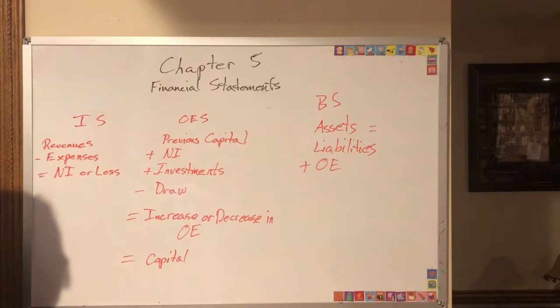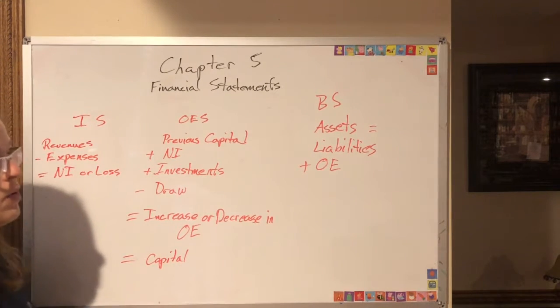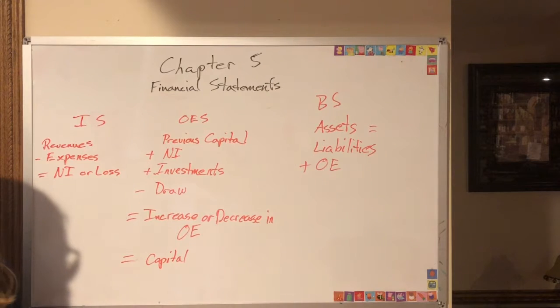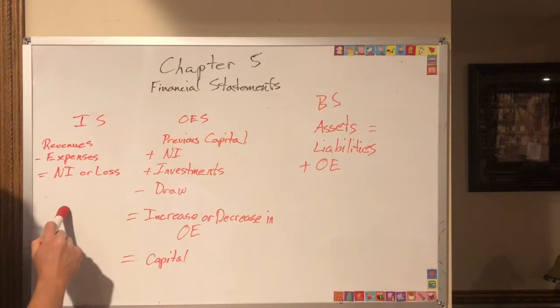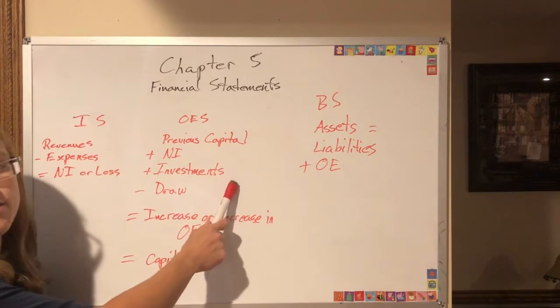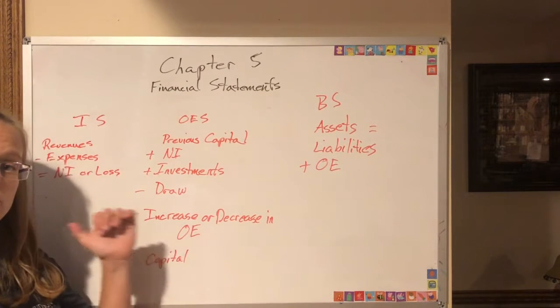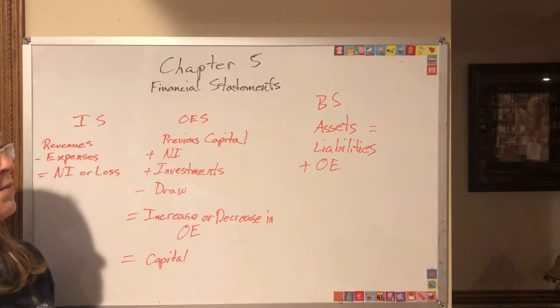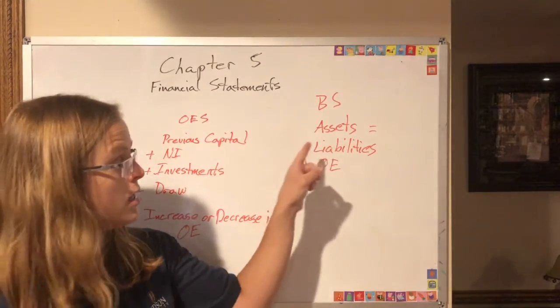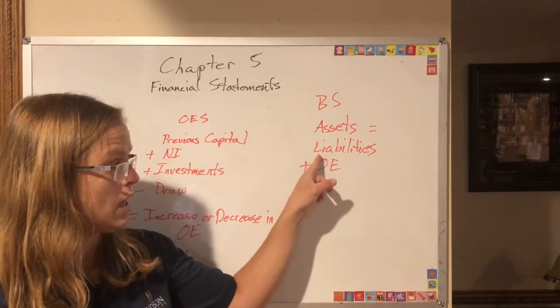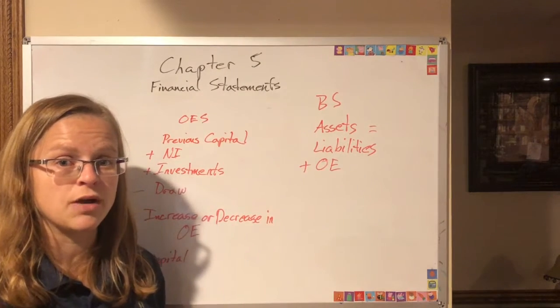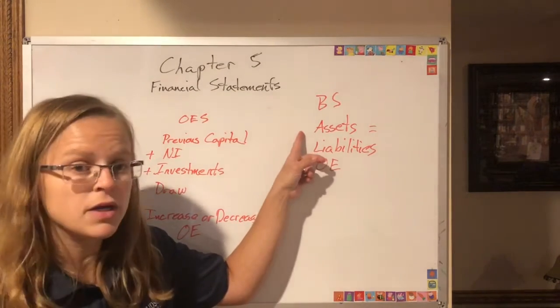All right, so from the owner's equity statement, we move along to the balance sheet. Now you have to do them in this order: from the income statement to the owner's equity statement to the balance sheet. All right, and all the information we took from the adjusted trial balance, right? So the balance sheet is your assets, your liabilities, and your owner's equity. Does that look familiar?